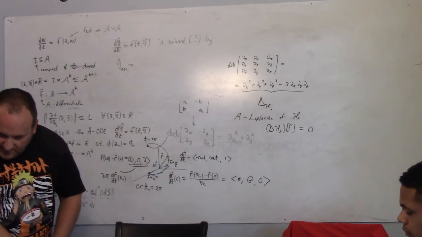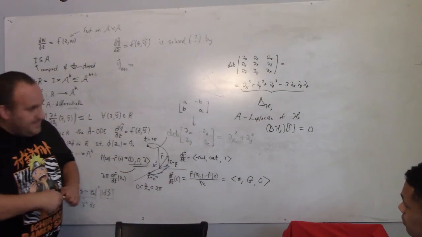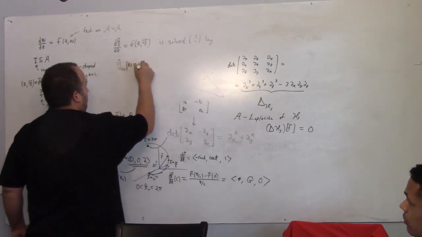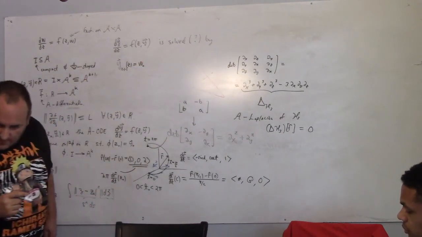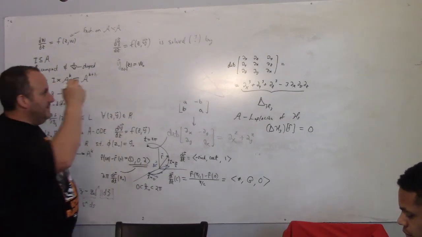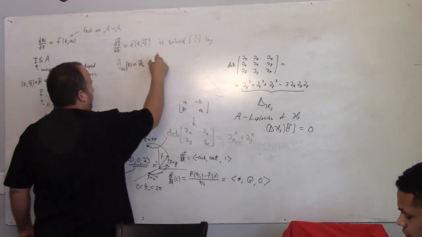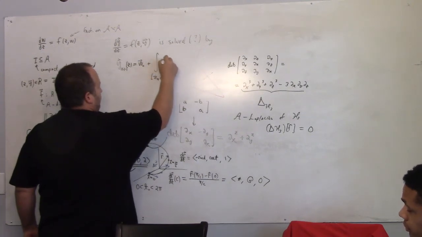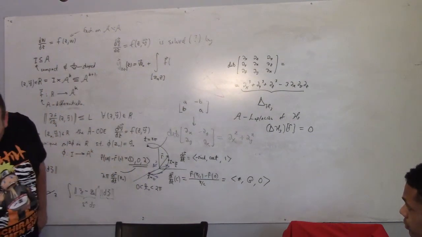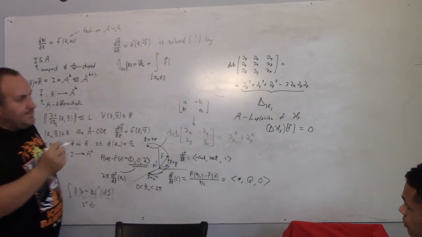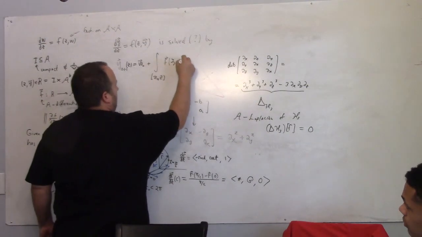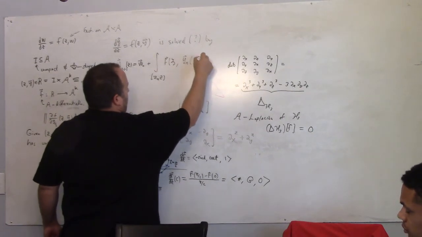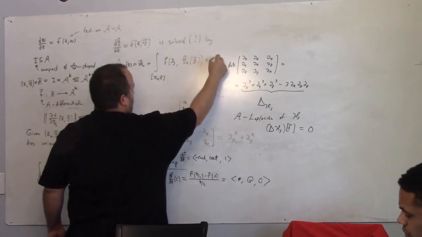The Picard iteration, y n plus 1 of z is w naught plus the integral from z naught to z of f of y n of zeta d zeta.